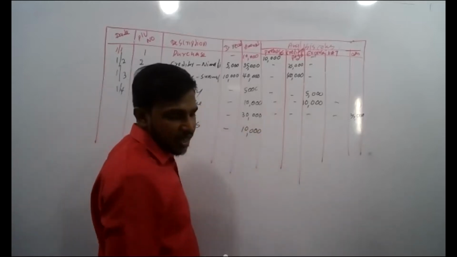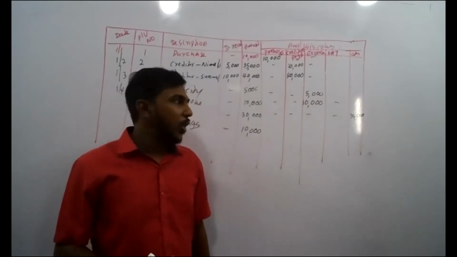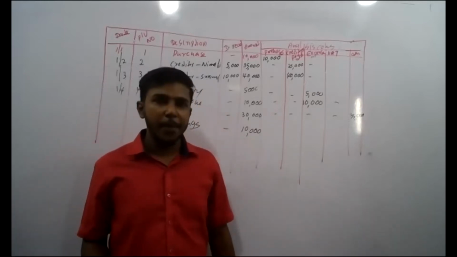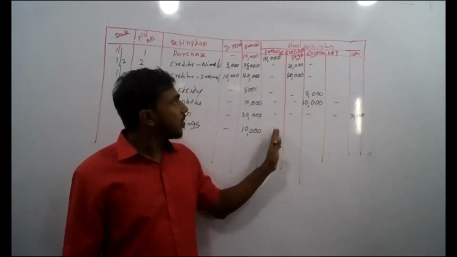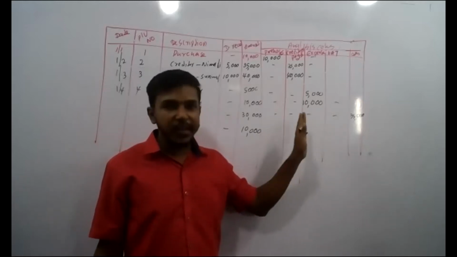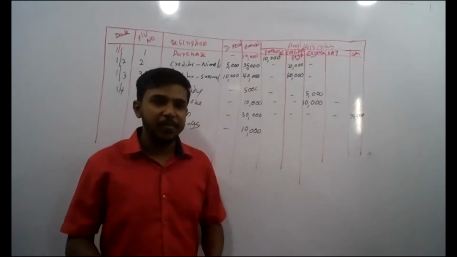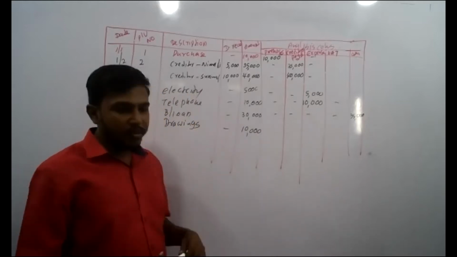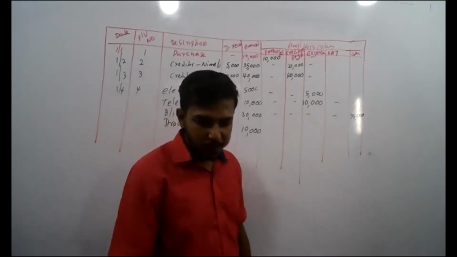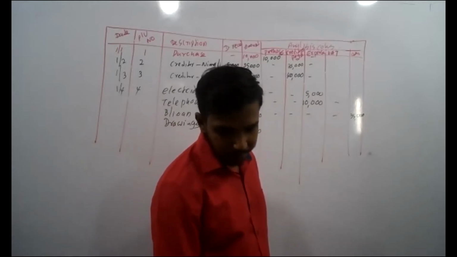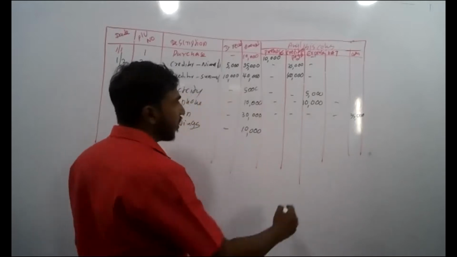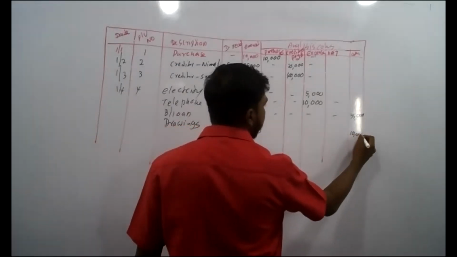Where to select the drawings? Let me know your answers, please. Is it purchases, creditors payments, expenses, VAT, or other? Share your answers in the chat box. Yes, others. This is the other 10,000.